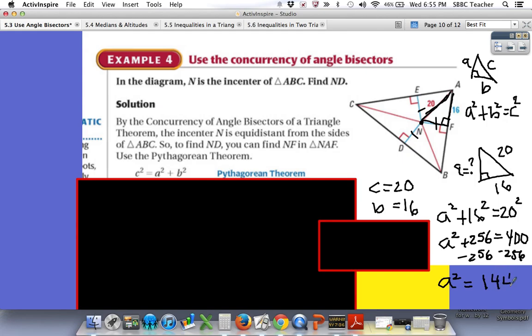Now, since A squared is 144, we have to take the square root of both sides, and we get A equal to 12. So this missing side is 12. So that means this side here is 12. And since all the blue segments are the same, segment ND, the one that we're being asked and that we're looking for, also has to be 12.